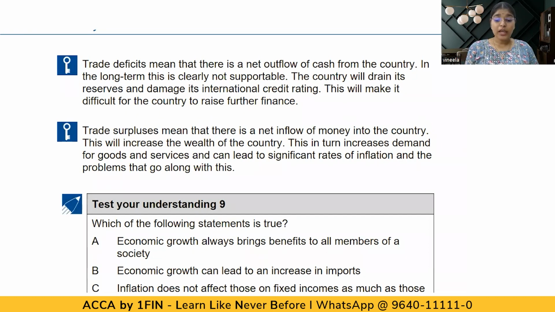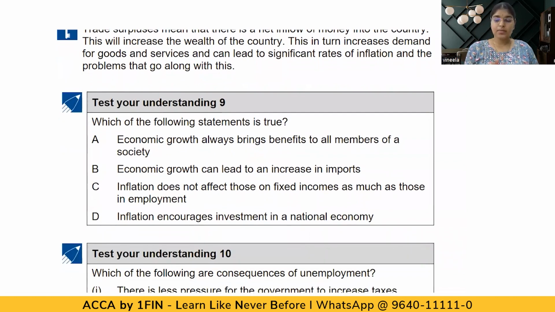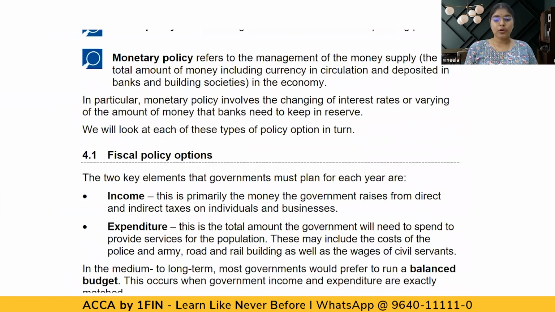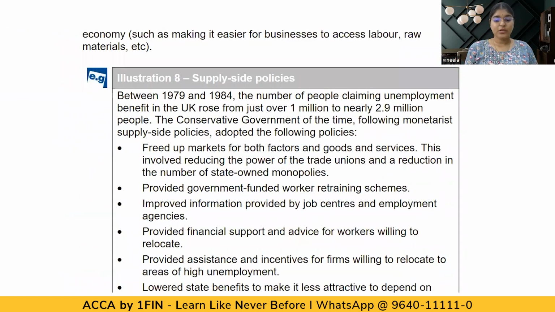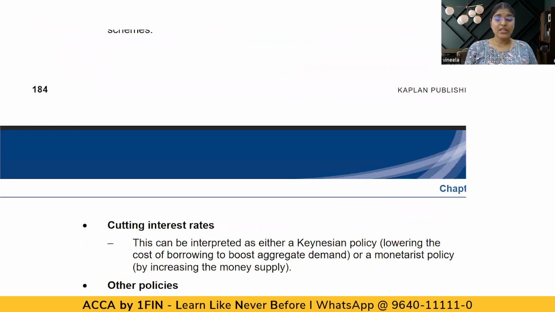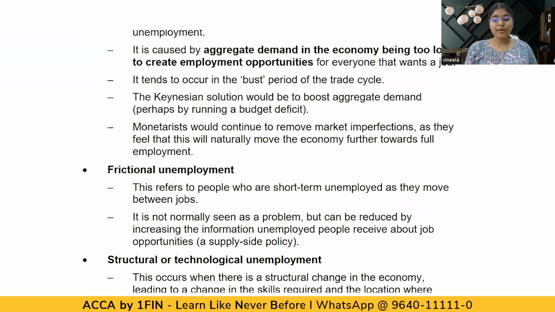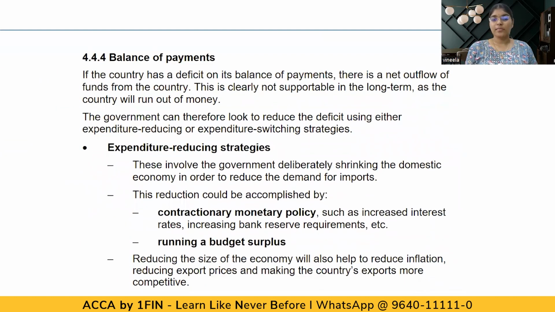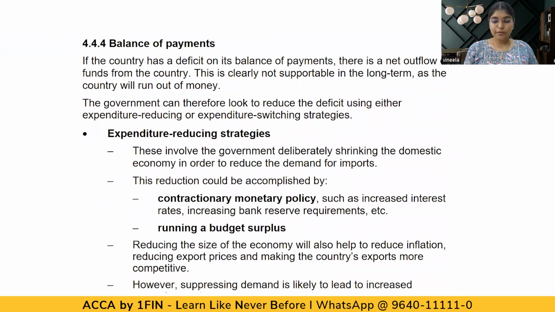In order to make sure your balance of payments is in a proper state, two strategies were proposed. Let's see those strategies also. They are expenditure switching strategy and expenditure reducing strategy. Through these strategies, you can make sure that your balance of payments is intact and does not affect your economy. See here, if the country has a deficit on its balance of payments, there is a net outflow of funds from the country.